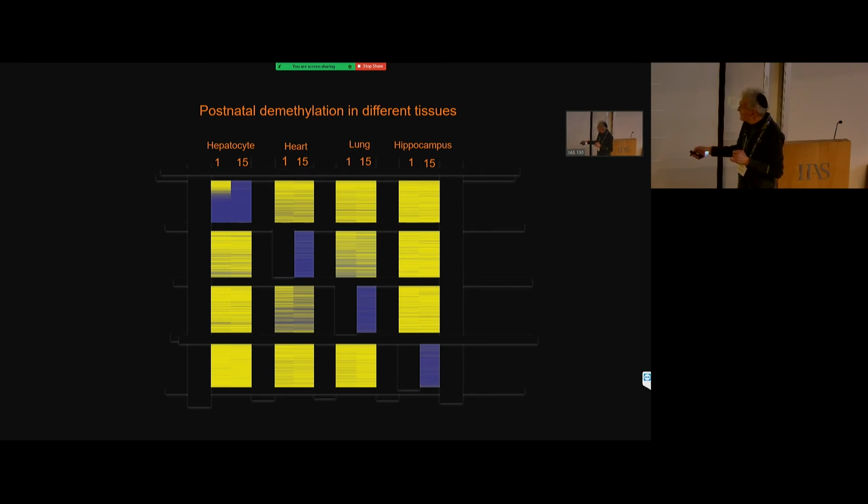But many sites, almost 40% of the sites, are still methylated at birth. The same thing is true of the heart, even more. Heart muscle, almost all of it was methylated at birth. All of this occurred afterwards. And here too, and in the brain as well. Every tissue you look at looks like this. There are postnatal changes in methylation.